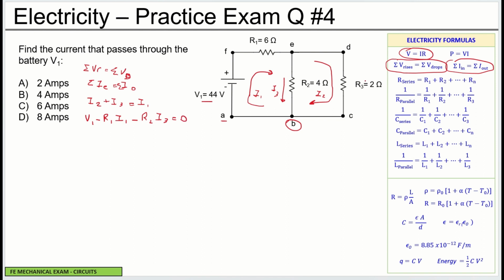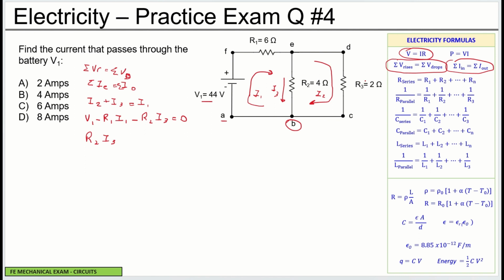The next closed loop circuit is BEDC. If we go from B to E, we have R2 I3, which is positive. Then if we go around ED, there is nothing.